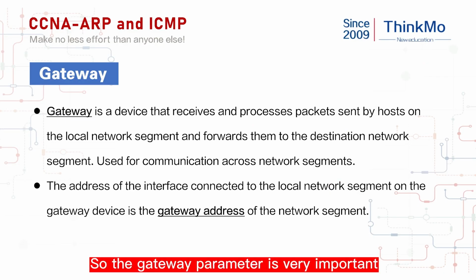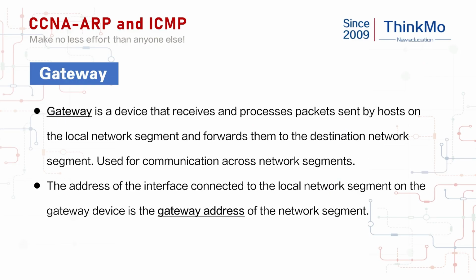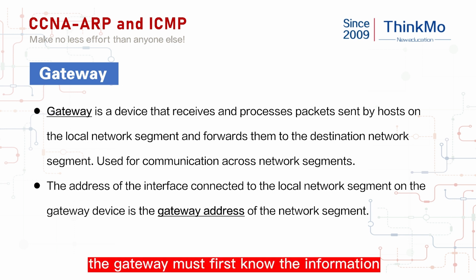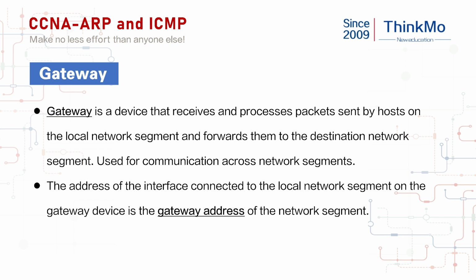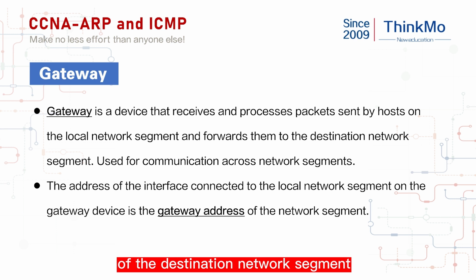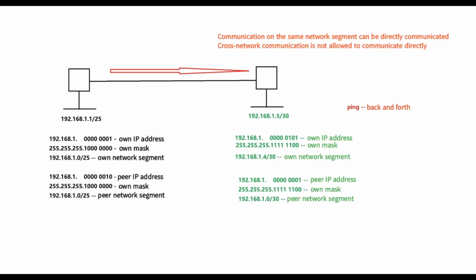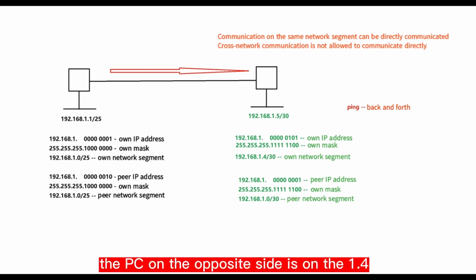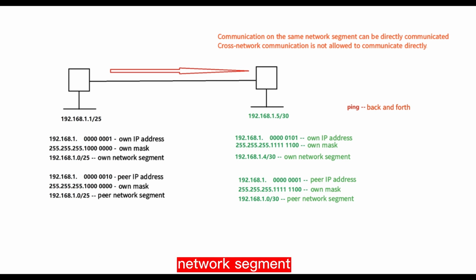So the gateway parameter is very important. For us, the gateway must first know the information of the destination network segment. For example, this PC is now on the 1.0 network segment. The PC on the opposite side is on the 1.4 network segment.